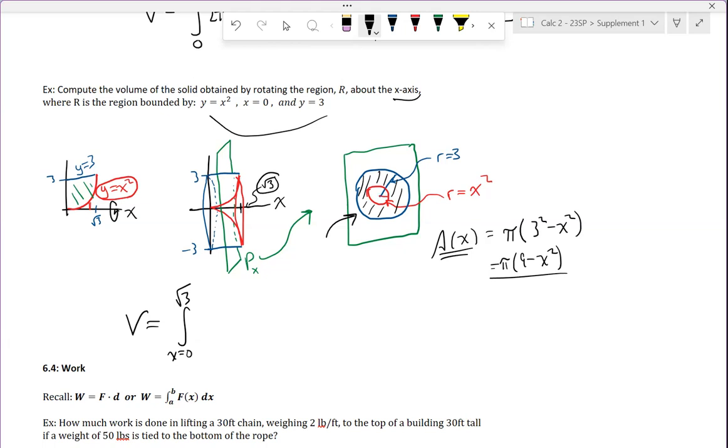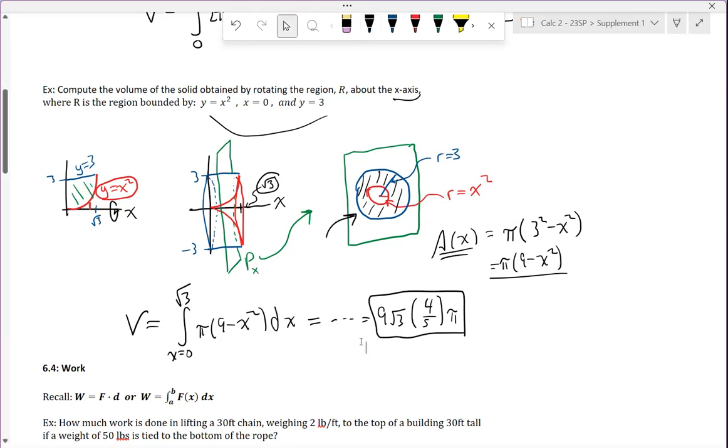And we just integrate the cross-sectional area, pi times 9 minus x squared dx. Again, a fairly straightforward integral to carry out, and I get 9 root 3 times 4/5 pi. A bunch of fractions and some annoying work with exponents and so on, but that's what we end up with.